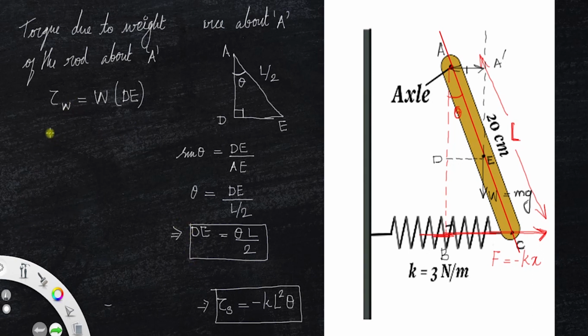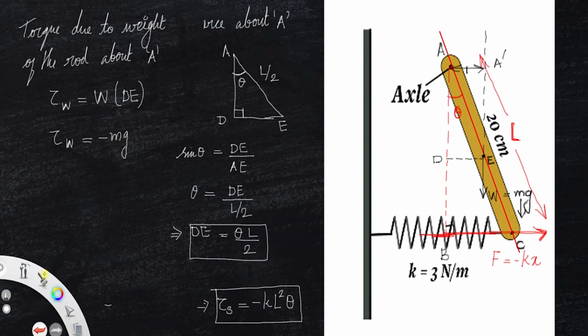Now we have tau W, the torque due to the weight, equal to W. The weight is in the downward direction, so you have to put a negative sign. So W is equal to minus mg.